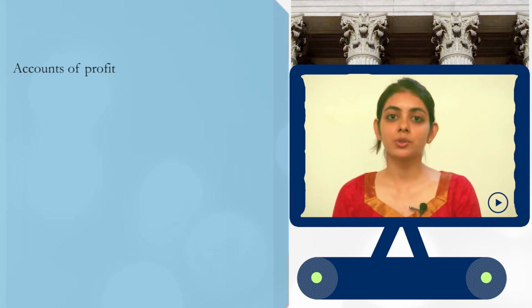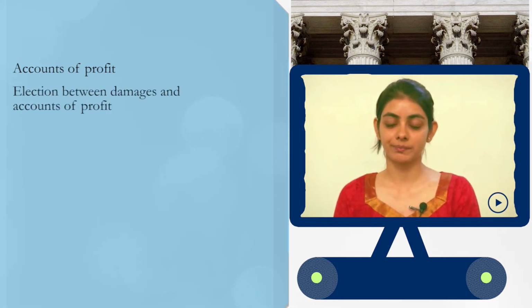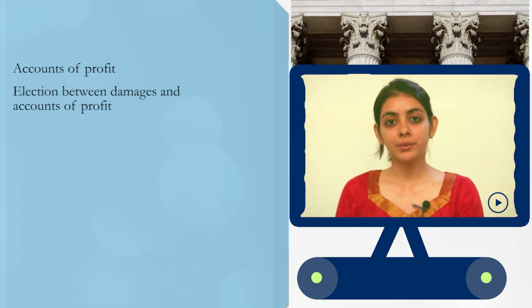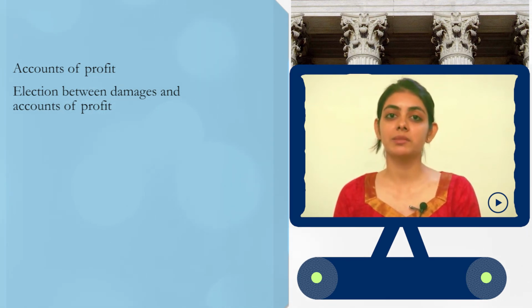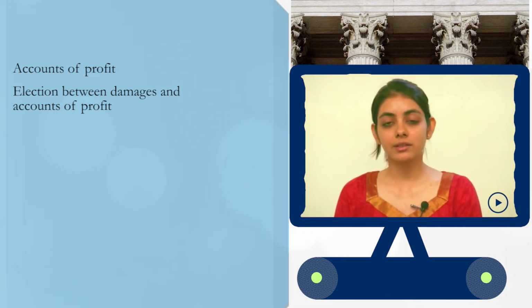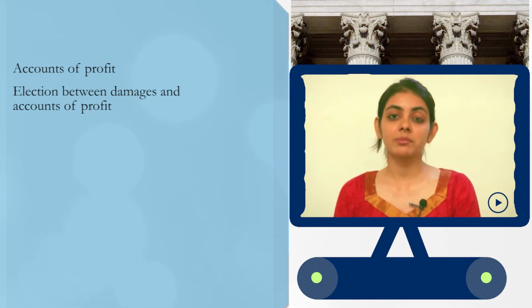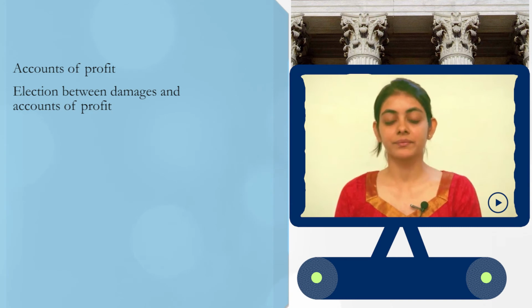Because there is a complete overlap, a plaintiff should not be entitled to recover twice the amount than what it is actually entitled to, hence the election. However, it may be noted that in some cases there may not be a complete overlap. What about loss to intangible value of a trademark that may be a result of the defendant's activities? In such cases, there may not be a complete overlap between the plaintiff's loss and the defendant's profits.